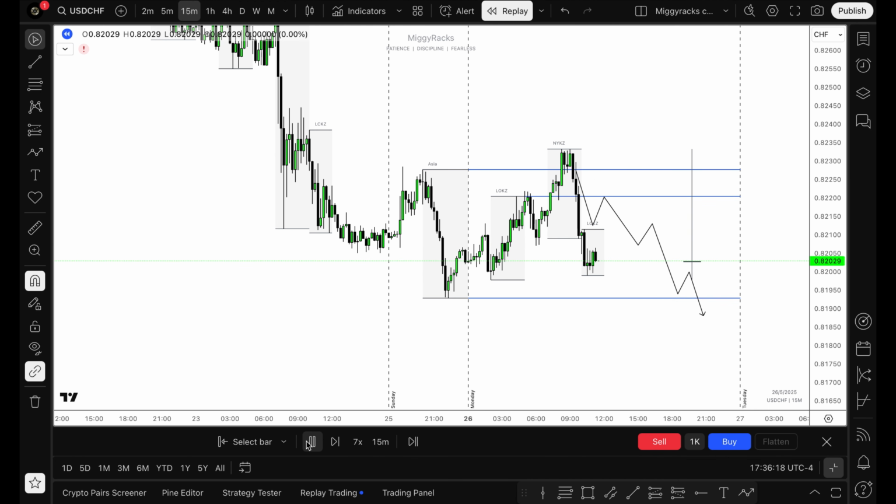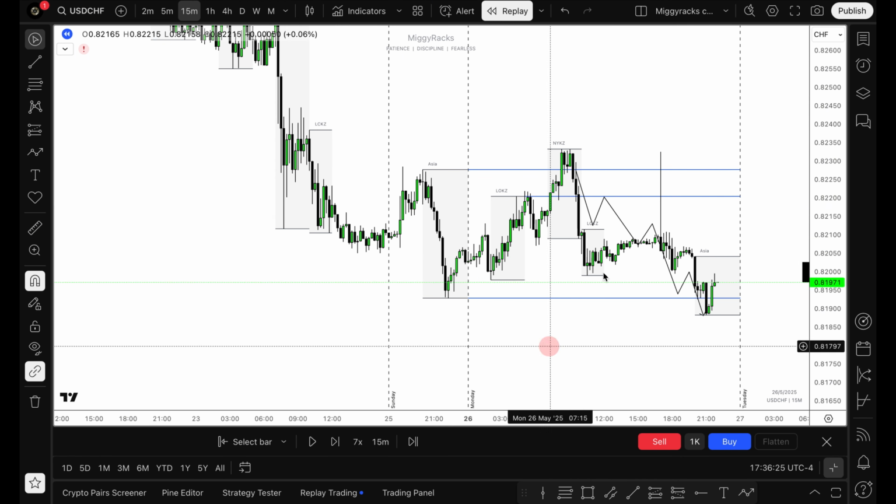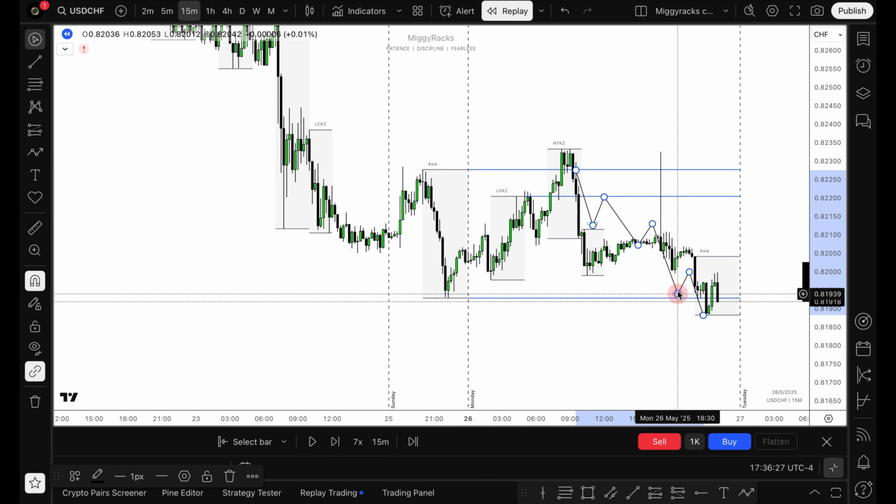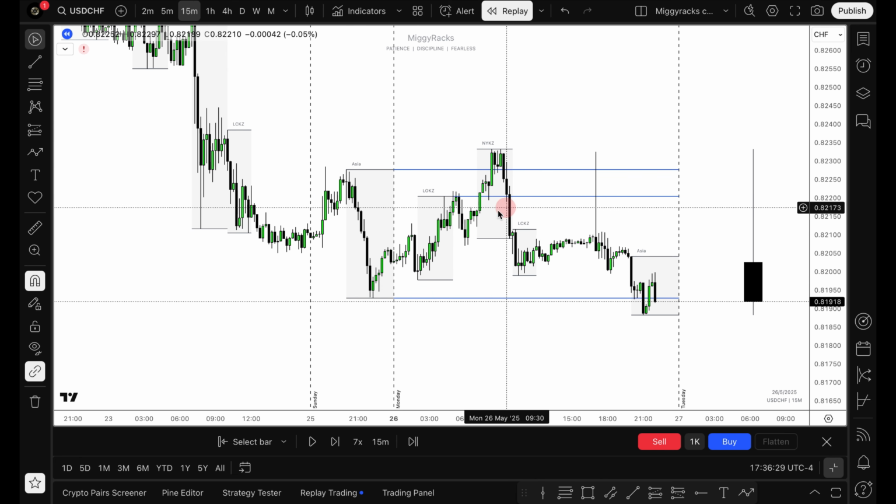So if we just print that out, a huge move lower, a huge wick, and then price reaches for its intended target.